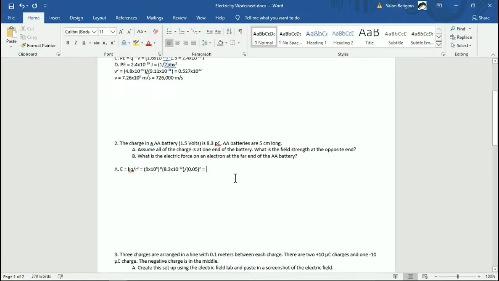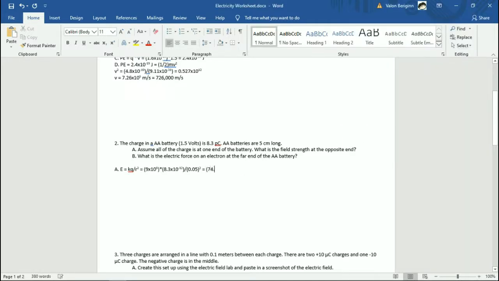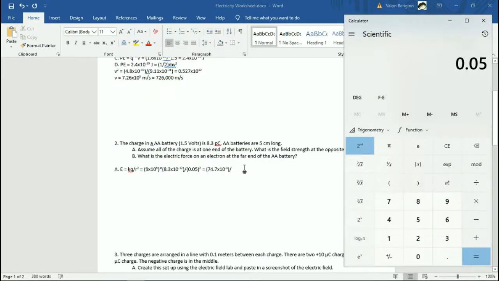So we have 9 times 8.3. That's 74.7. Again, I'm going to do wrong scientific notation at first. And this becomes 9 times 10 to the negative 12 gives you negative 3, divided by 0.05 squared, which is 0.0025.